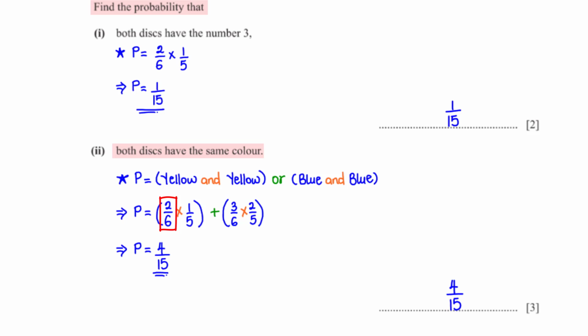Without replacement, the probability that the second disc is also yellow is 1 over 5. The probability of picking a blue disc first is 3 over 6. Without replacement, the probability of picking a blue disc the second time is 2 over 5. When we type this into the calculator, we get 4 over 15.